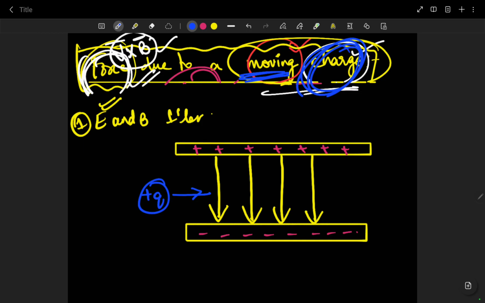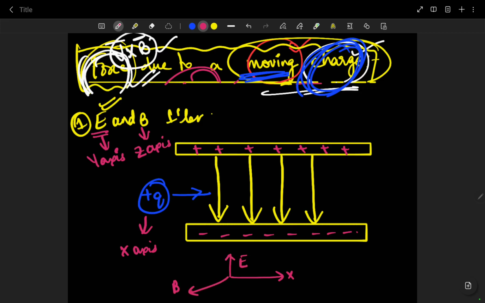When it is entering the path, I want you to explain to me on which axis which variable will be taken in this scenario. You have two variables, you already know. One is E, which you can take on the y-axis. One is B, which you can take on the z-axis, and the velocity of this charge will be taken on the x-axis. So this will be your velocity, this y-axis will be your electric field, and this will be your magnetic field.